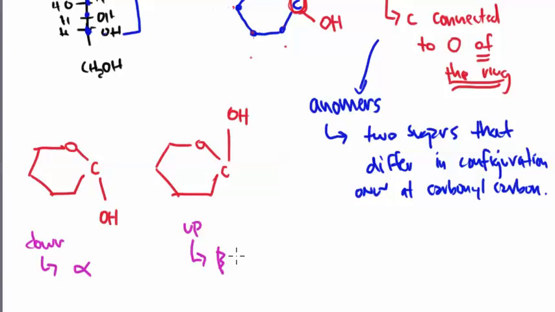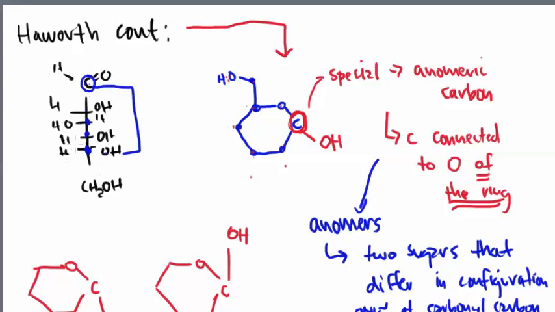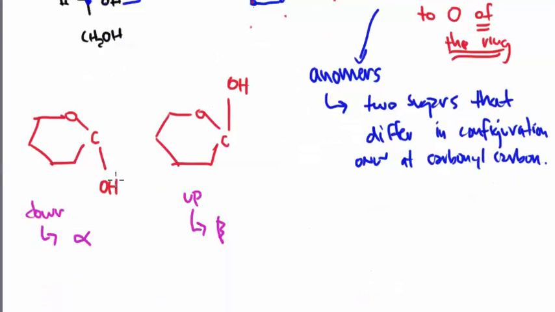Now, this started all with glucose. That's the structure that we started with up here at the top. This was D-glucose, right? So that means that if glucose makes a ring structure, this would be like alpha glucose, and we would call this beta glucose.